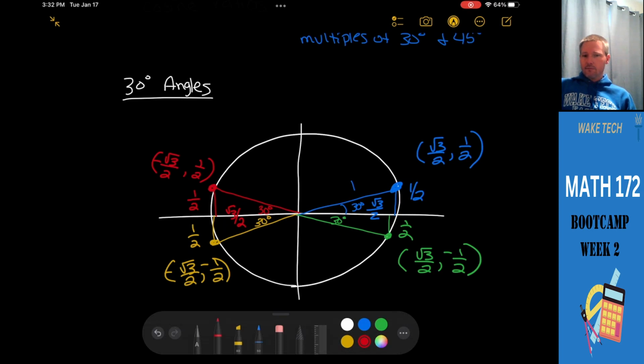The piece we've yet to label is the actual angle measures here. We do need those. That's part of the process of reading the unit circle. So think back to last week: an angle in standard position has an initial side on the positive portion of the x-axis, and then you rotate around and you have a terminal side. That's the rotation we're talking about.